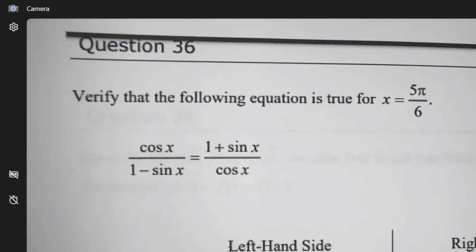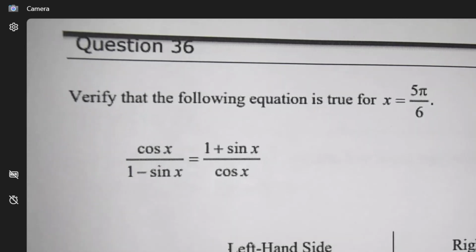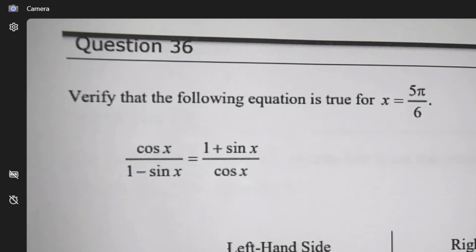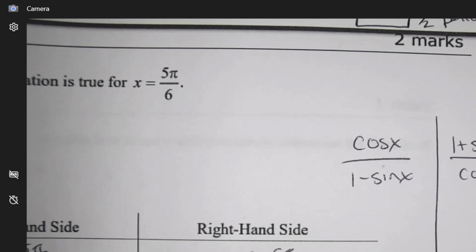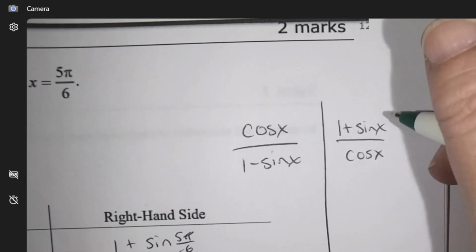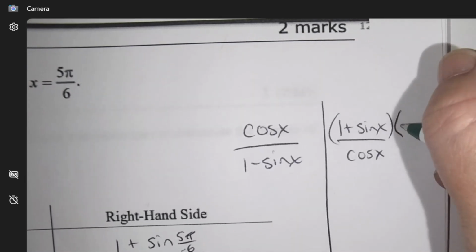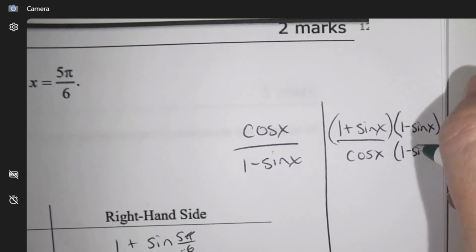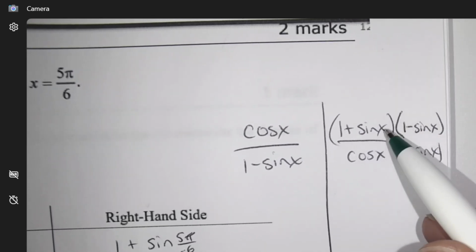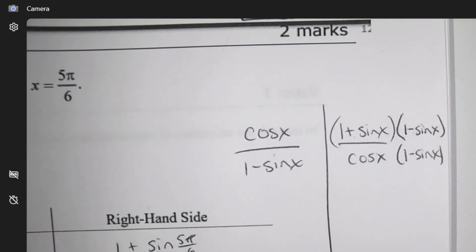Sorry, I'm just going to use this space over here on my paper. Okay, so what is a conjugate? It's the same binomial, but an opposite sign. So if this has a plus, then this would have a minus.